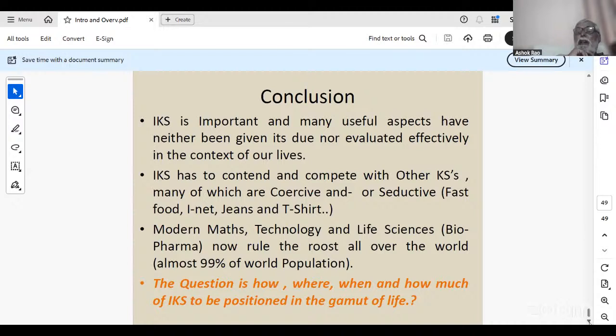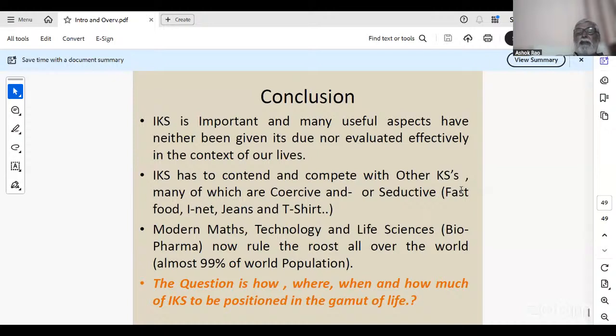IKS is important, and many useful aspects have neither been given their due nor evaluated effectively in the context of our lives. IKS has to contend and compete with other knowledge systems, many of which are very coercive or seductive. Fast food, internet, jeans and t-shirts, very difficult to compete with that because the entire younger generation is hooked on this.